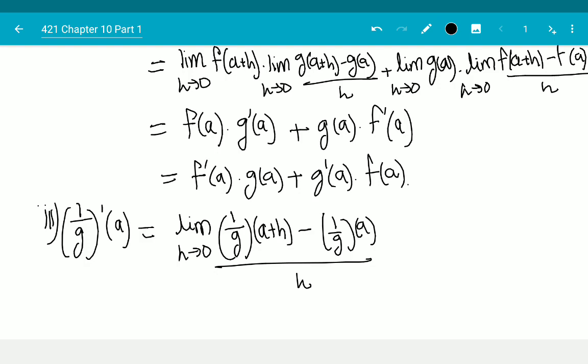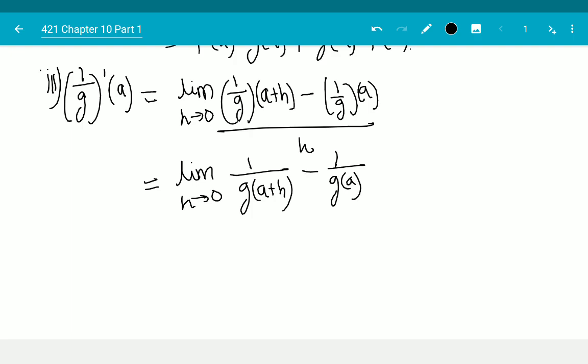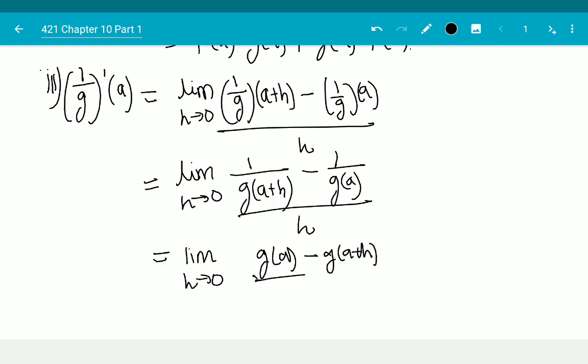Well, this is equal to my next line is equal to limit h goes to 0, 1 over g of a plus h minus 1 over g of a all the way over h, which is equal to limit h goes to 0, g of a minus g of a plus h over g of a times g of a plus h multiplied by h.